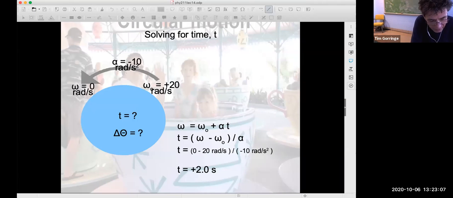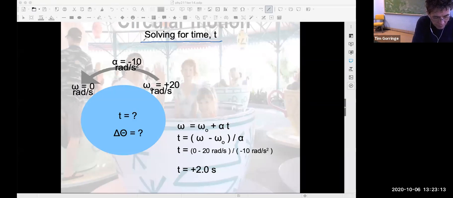Okay, so the first thing I did was to solve for time, the time it takes to stop. This is an example of using the equations of circular motion, like we previously used equations of linear motion, to solve for quantities describing the circular motion. So I noted that I want to figure out the time that it takes to stop, t. And I know the initial angular velocity, omega naught, the final angular velocity, omega, and the angular acceleration.